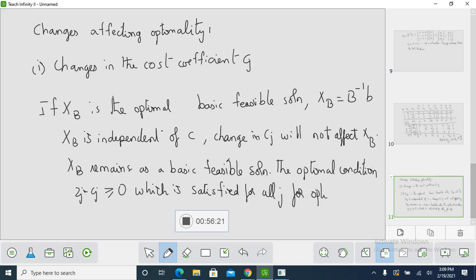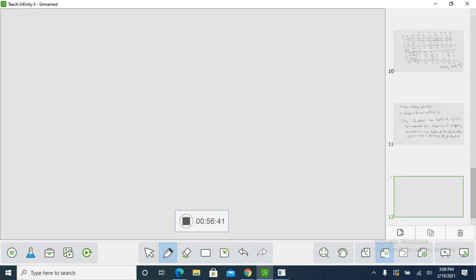It depends on Cj. Therefore, Cj affects optimality. Therefore, a change in Cj affects the optimality condition.